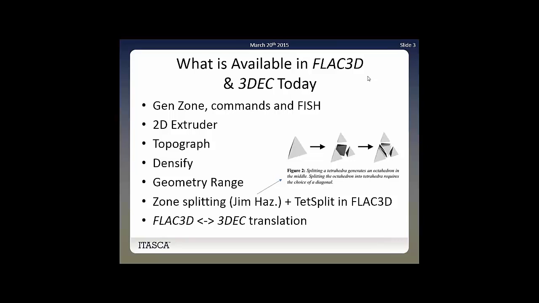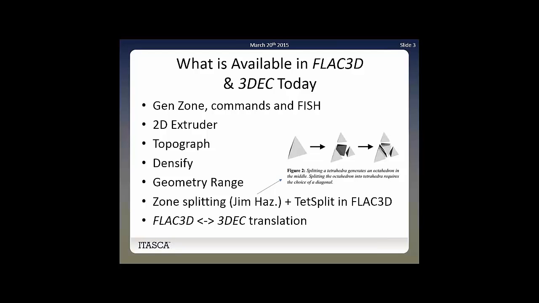Of course, since the beginning, the GenZone command and FISH functions, and all the very creative ways that people have used these very low-level programming tools to create very complex models, because since the beginning of time, both FLAC3D and 3DEC were highly over-dimensioned software. They were capable of doing a lot more than what the model preparation tools were allowing them to do.